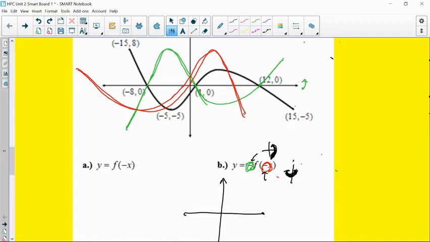So again, how would you identify this point? Well, think about where it came from. It came from here, and then it came from here, right? So think about the effect here. This negative 15, comma 8 became negative 15, negative 8. And then when you reflected it over here, it's going to be positive 15, but still have negative 8 as its behavior.